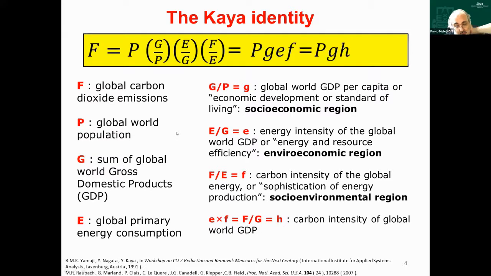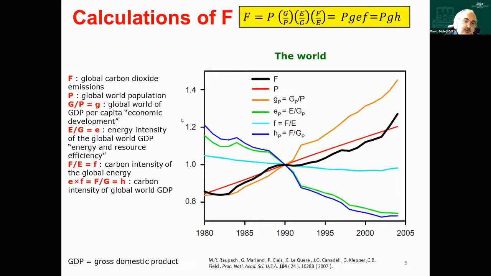So you can refer to the literature for details. And the result of this calculation is this kind of graph reported versus year. So we can see what we know more or less already. So increasing of CO2 emission, increasing of population, and how the economy is going on.